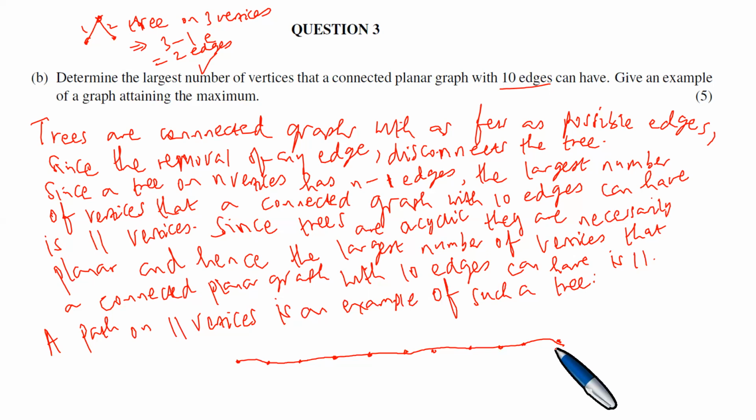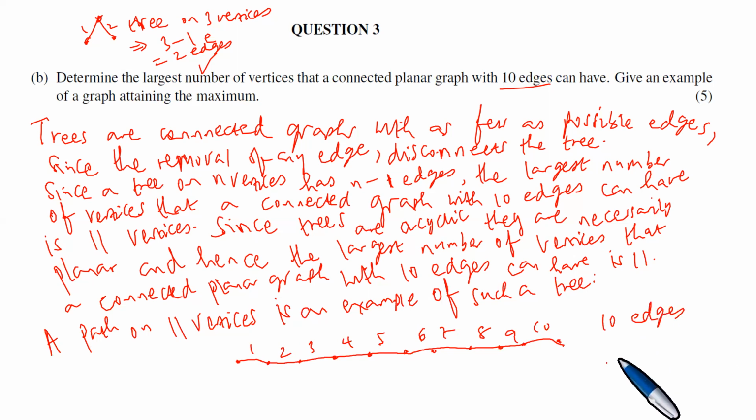If you count the edges, 1, 2, 3, 4, 5, 6, 7, 8, 9, 10, you are counting 10 edges and 11 vertices. So this one here is just a path on 11 vertices.